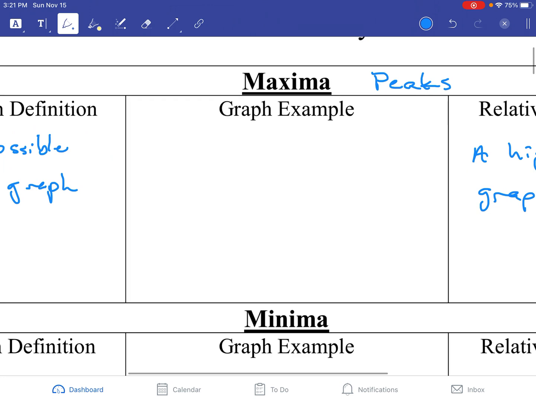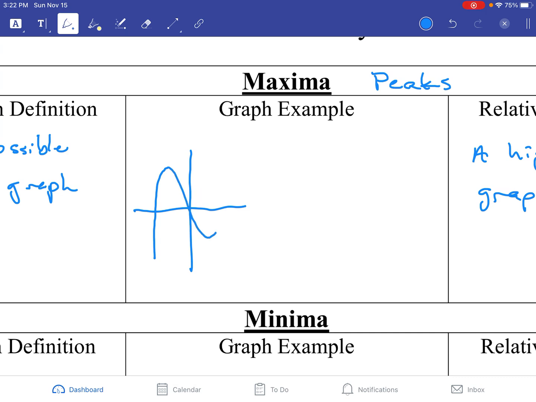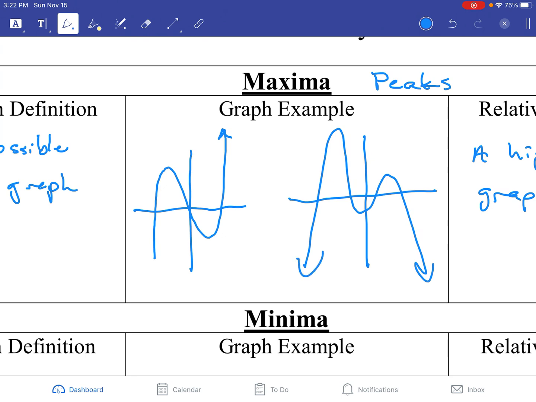So I'm going to make the graphs part big. Okay, here's my second graph I'm going to make. Okay. Let's look at what is an absolute maximum and a relative maximum.